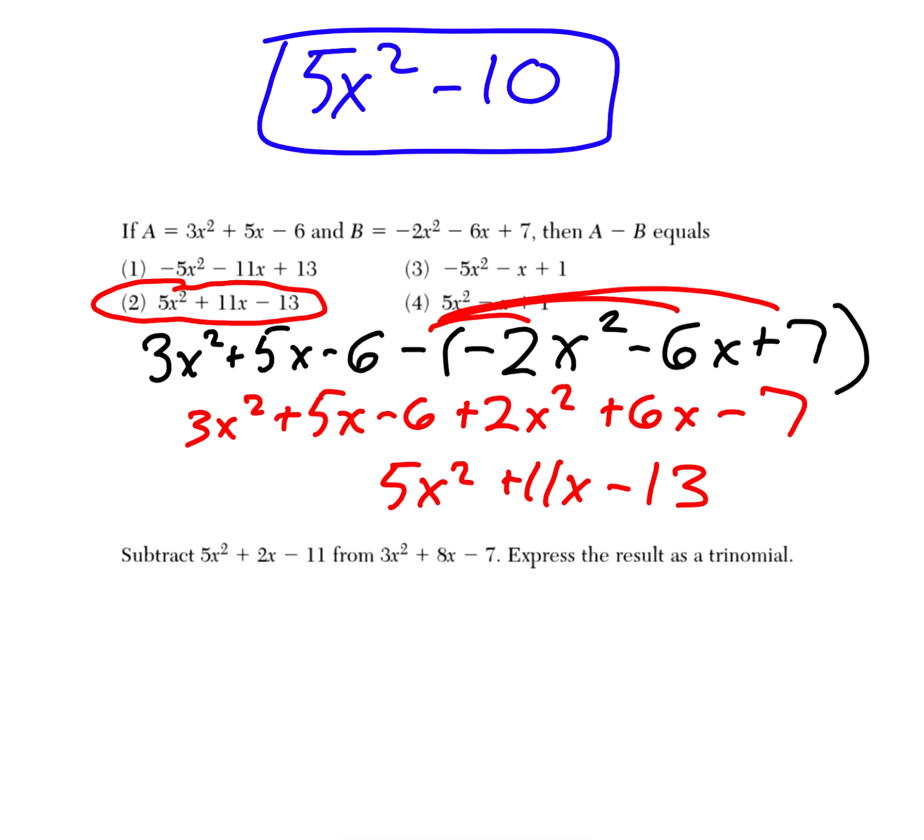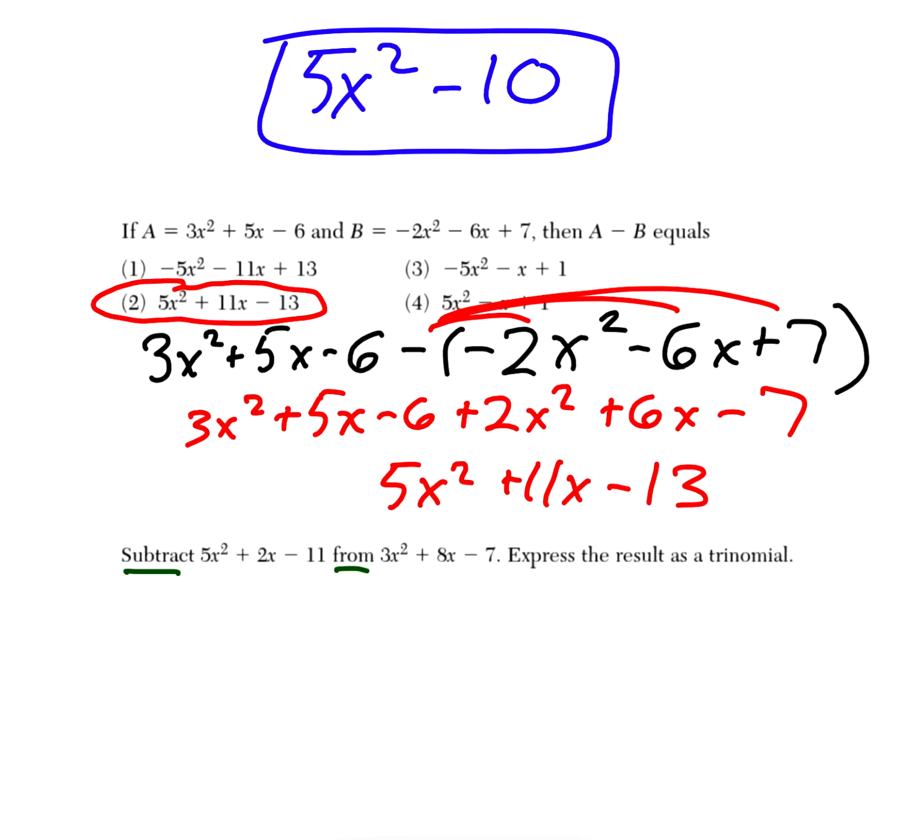And the second part, the last question on this page: subtract 5x squared plus 2x minus 11 from 3x squared plus 8x minus 7. So this all comes down to subtracting a value from another value.